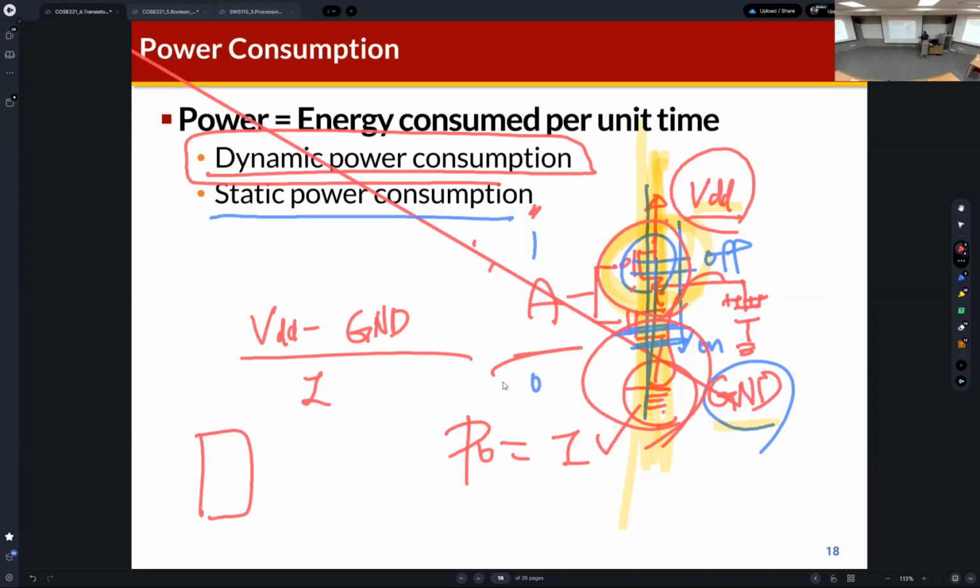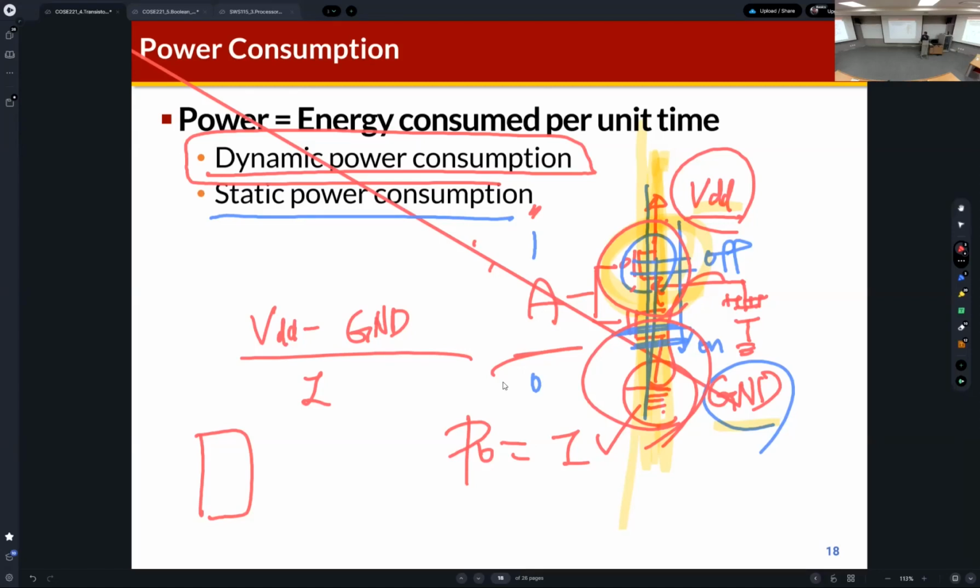The hardware consumes electric power and electric energy. That's why our smartphones have batteries. If the batteries are consumed, we cannot run our hardware, because our hardware consumes electric power. And then we learned how to estimate the electric power consumption.